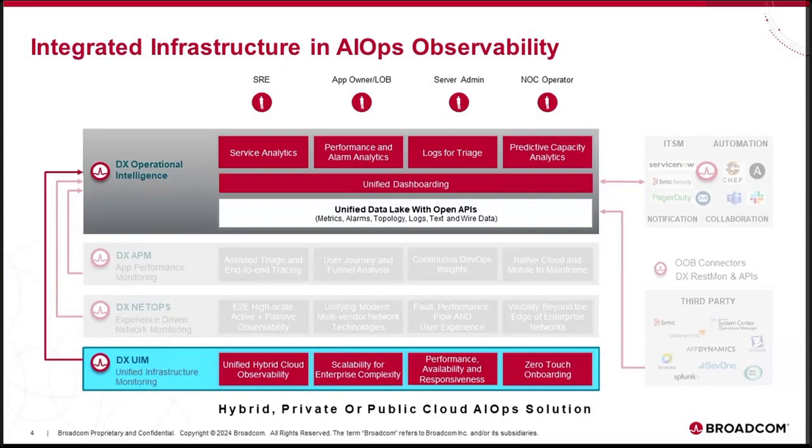It's the infrastructure monitoring side, as you all would probably know, and one of the key aspects of developing this entire app, infra, network capability is getting data reliably and consistently from DX, which is rich in infrastructure monitoring data, into DX Operational Intelligence, which is the key benefit of building up advanced service-based analytics, giving you a much richer, more intelligent outcome out of the data points that all the traditional monitoring tools gather.